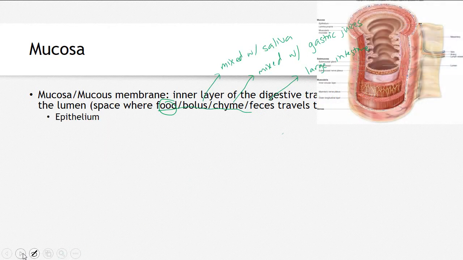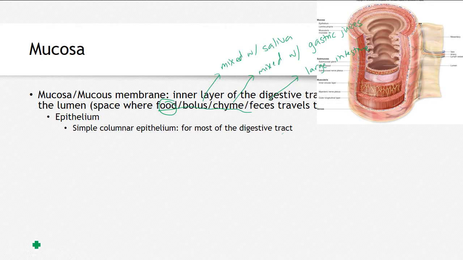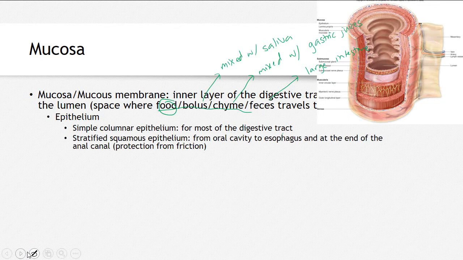So once again, we have the epithelium. Depending on where we are on the digestive tract, there are different types of epithelium. Some of them are simple columnar epithelium, but others are stratified squamous epithelium. In the stratified squamous epithelium, what is its function again?